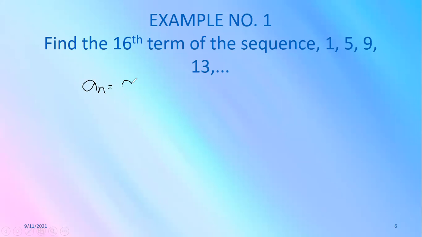A sub n is equal to a sub 1 plus n minus 1 multiplied by the common difference. So based from the sequence, our first term is 1 plus position number. Just look at the subscript. So this is 16 minus 1 multiplied by the common difference.